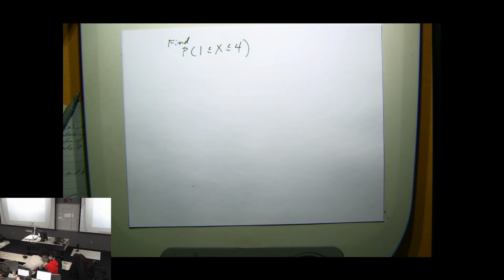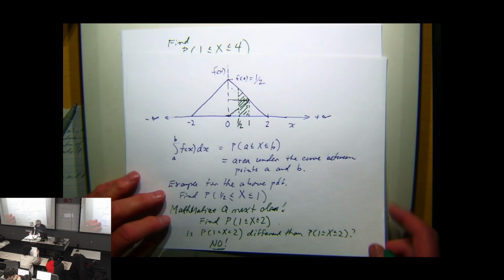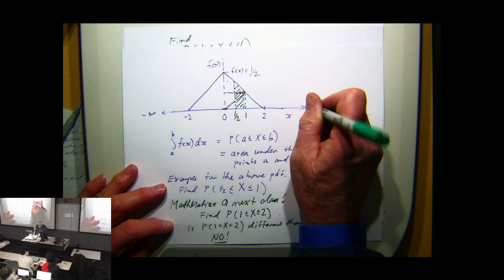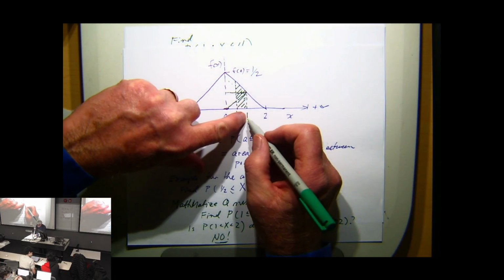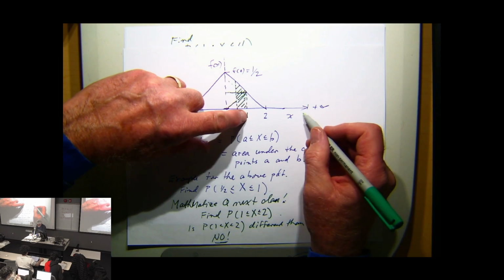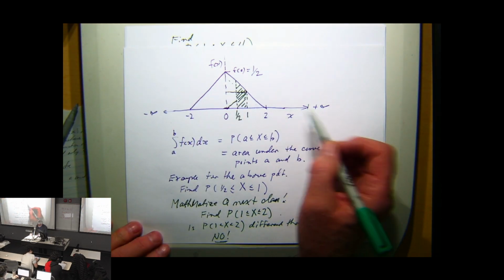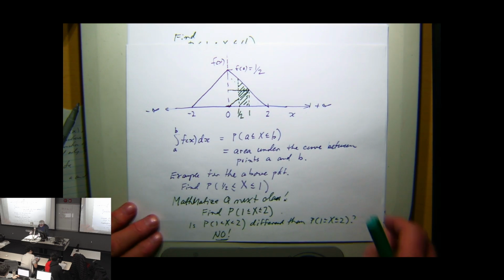It's still 1 over 8, yeah. So it's 1 over 8, and again, I threw in a value of x which you're saying can't be up that high based on that density function. But 4 is up here, and I've simply said, what's the probability it's between 1 and 4? And yes, between 2 and 4, there's nothing there.